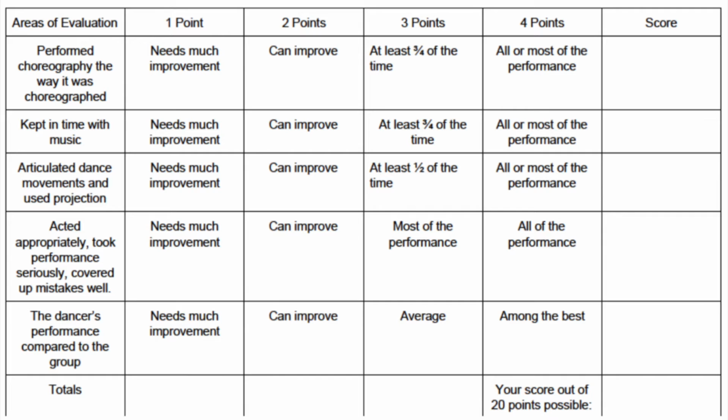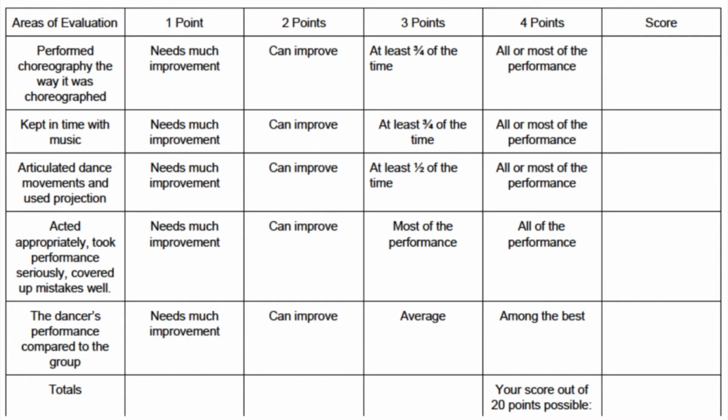And then here, this rubric goes from 1 to 4, which I generally like to put the opposite way. I usually like to start with the 4 or however many points you're giving, and then go to the least amount of points, just so they start out reading exactly what you're looking for, rather than reading what the lowest points could be. And all these criteria just say needs much improvement, can improve, at least 3/4 of the time, and then all or most of the performance.